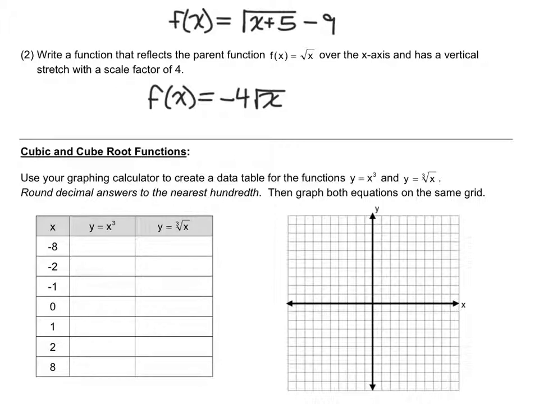So you have your equations in, we go to the table. Again, it's blank because I haven't typed in any values. So I'm going to type in -8, -2, -1, 0, 1, 2, and 8. We got a variety of different values here.